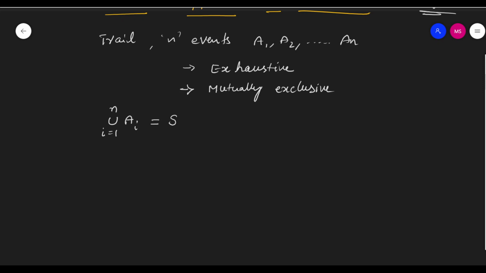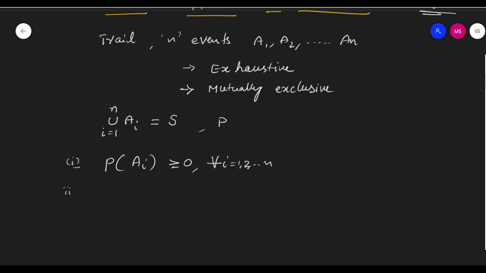Okay, choose a function P such that, the first one is P of Ai is greater than or equal to 0, for all i running from 1 to n.